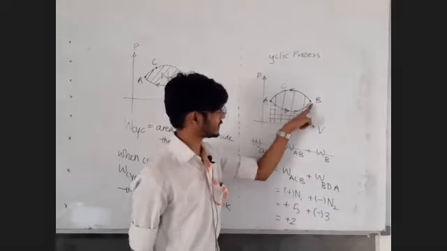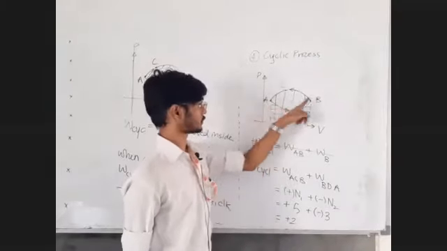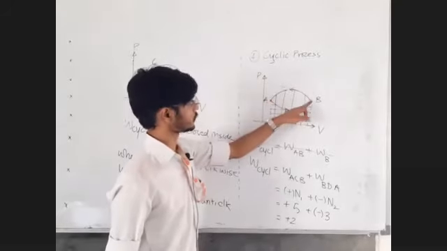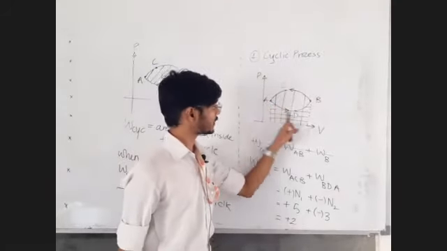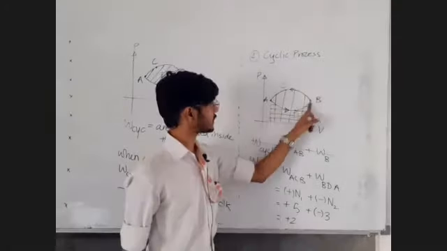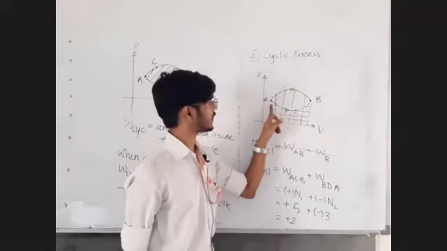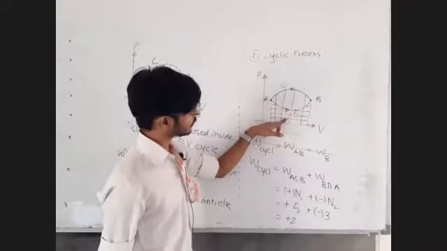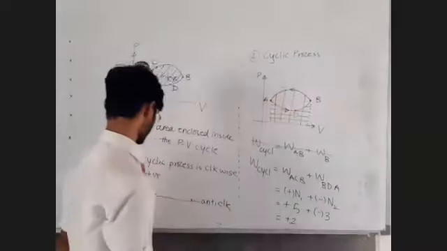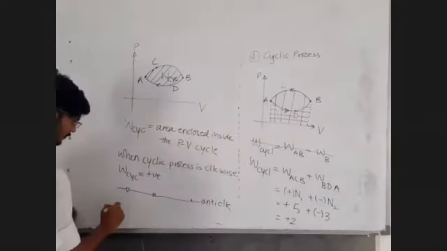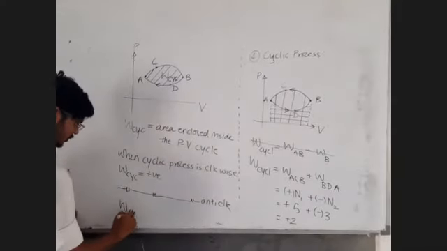Positive work will be less and negative work will be more, because that area is more. So if the cycle is traced anti-clockwise, positive work will be less and negative work will be more, so total work will be negative. So for an anti-clockwise process, work done in the cyclic process is negative.